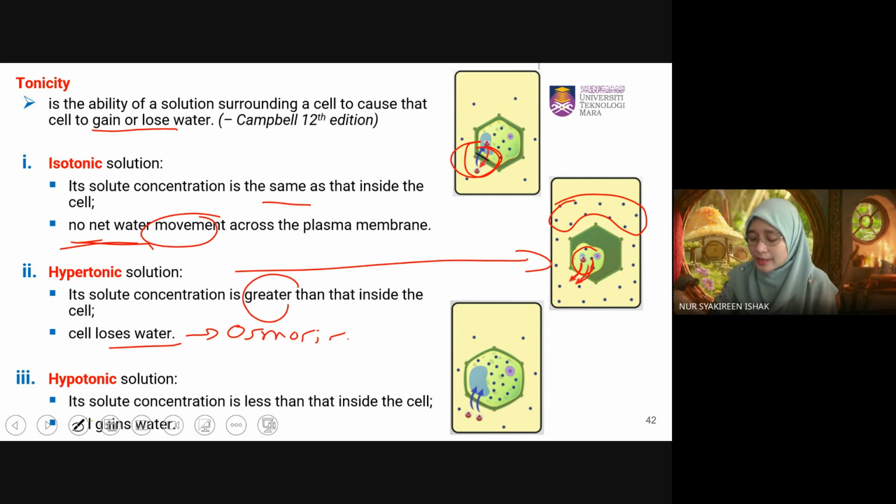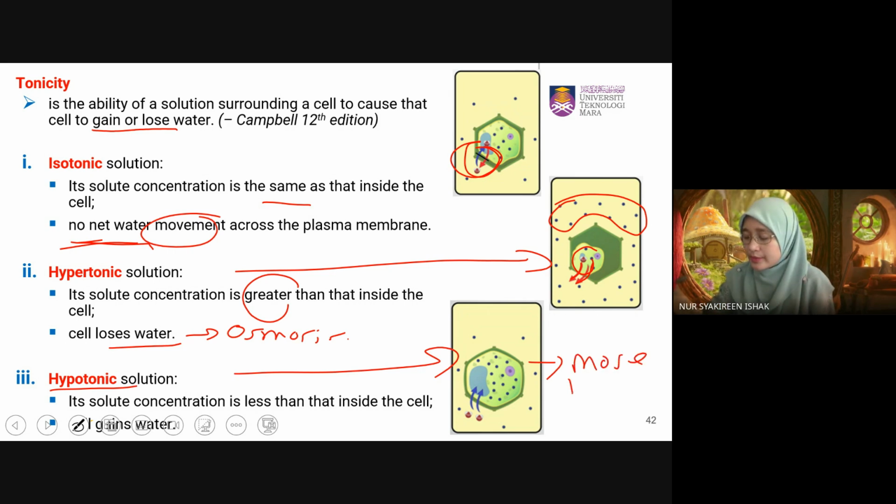And then the hypotonic solution, where the solute concentration of the solution is less or lower than inside of the cell. Because there are more free water molecules outside, water molecules diffuse from outside into the cell through osmosis.